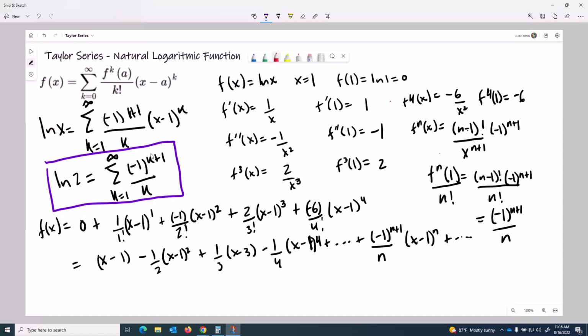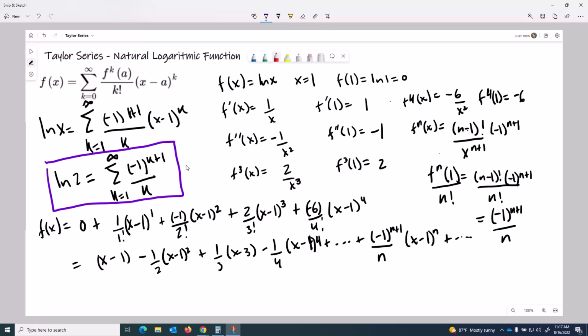Now it would be interesting to determine the interval of convergence for, for example, natural log of x. What you're going to find is that if you use either the root test or the ratio test, it will give you the interval of convergence, which is more than likely going to be from 1 to 2.